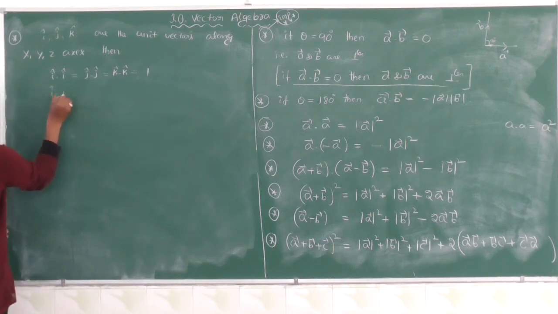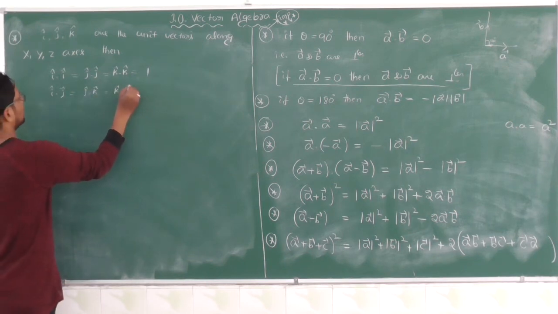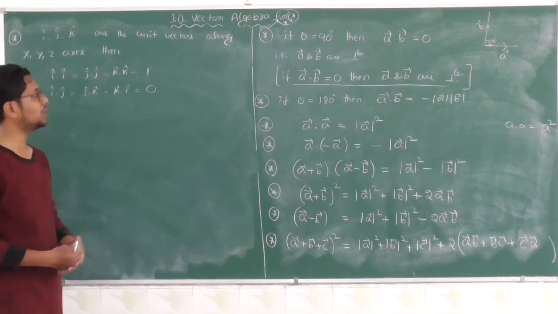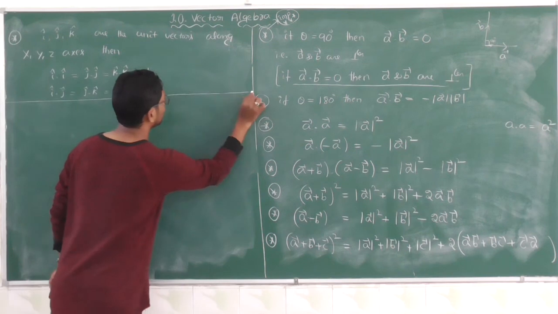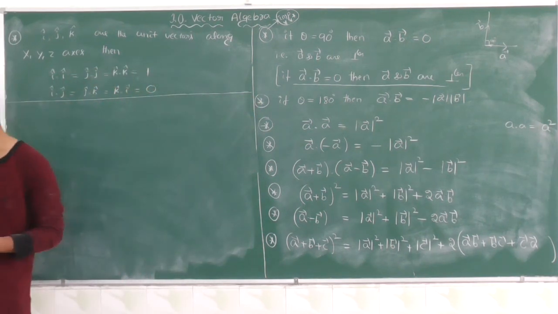Next, i dot j, j dot k, and k dot i are 0. Hence these are the note points belonging to scalar product or dot products.